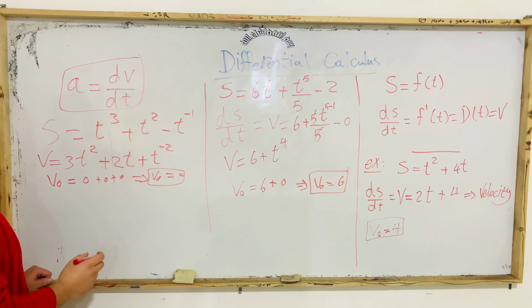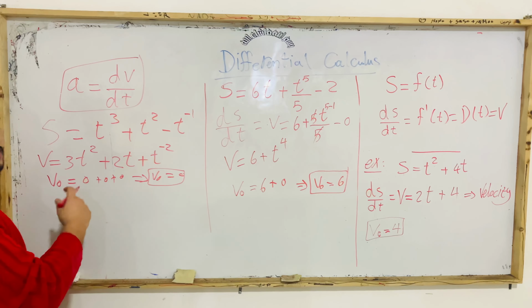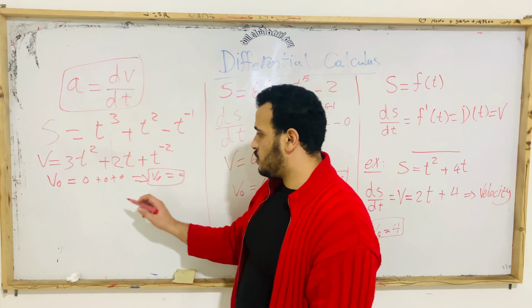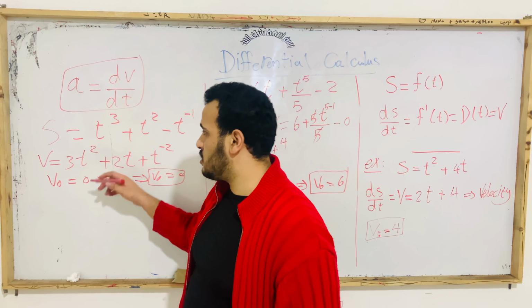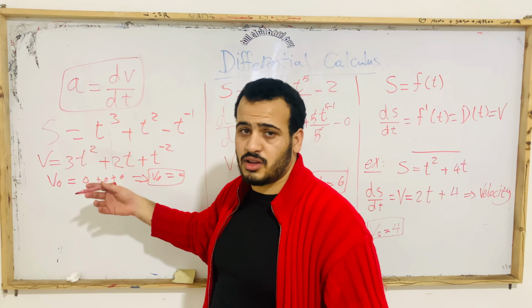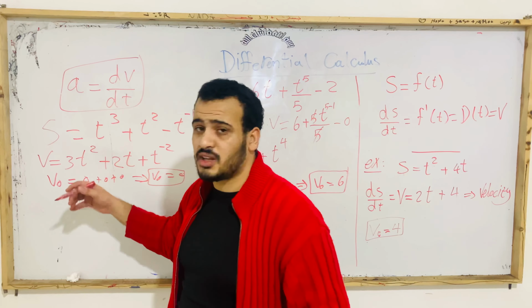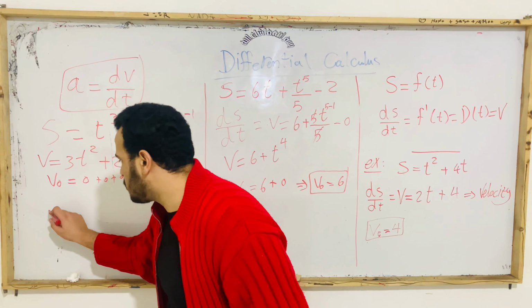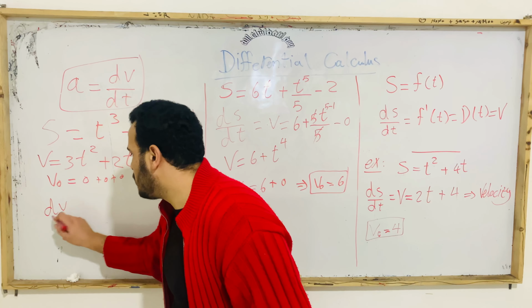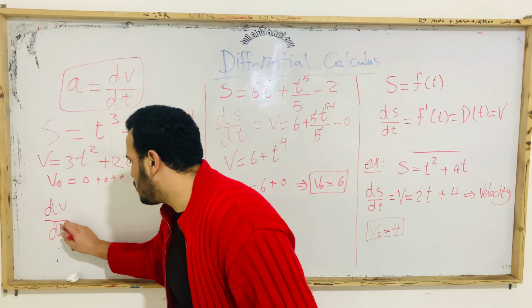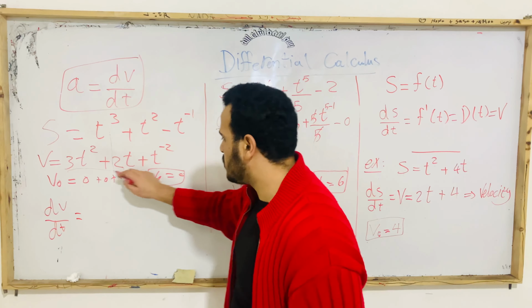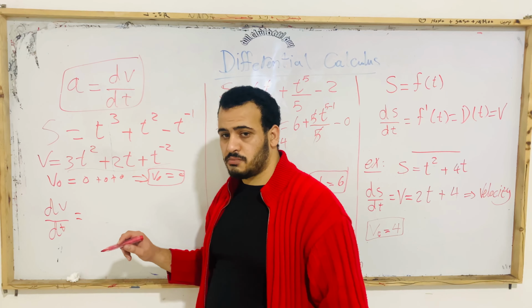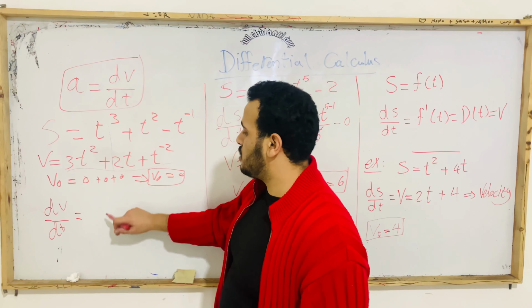If we're trying to find the acceleration, we're going to make another derivative, or the second derivative, of t. So dv by dt is going to be equal to this expression.